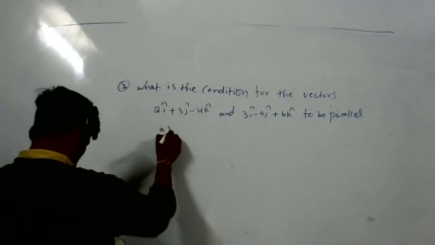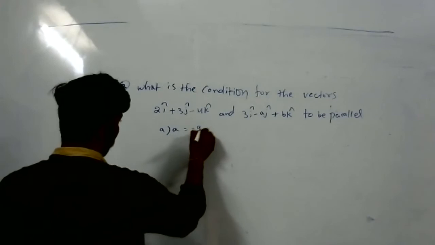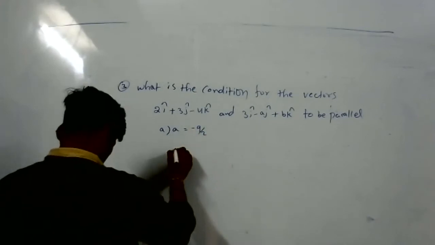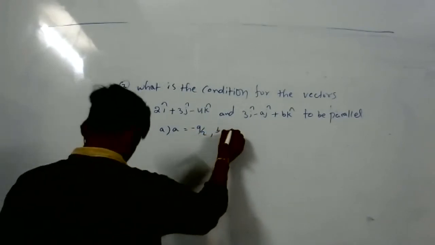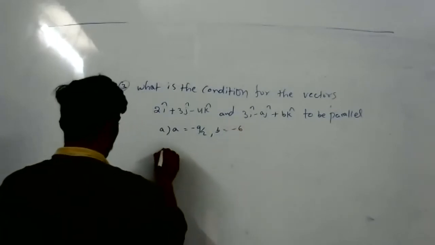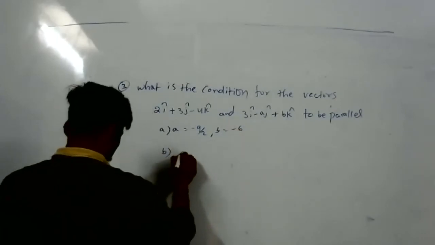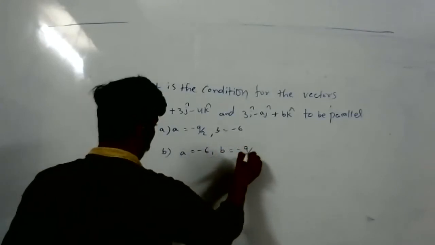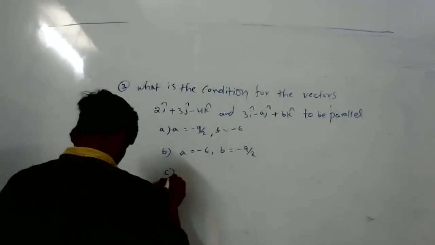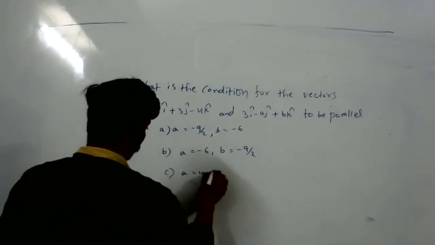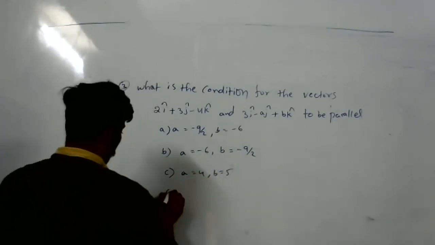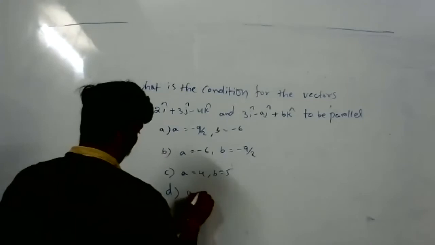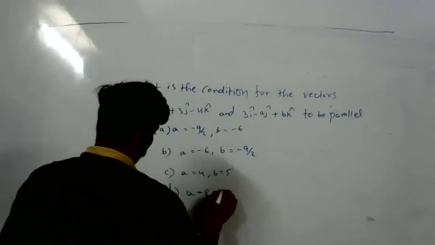Option A: a equal to minus 9 by 2, b equal to minus 6. Option B: a equal to minus 6, b equal to minus 9 by 2. Option C: a equal to 4, b equal to 5. Option D: a equal to 8, b equal to 2.